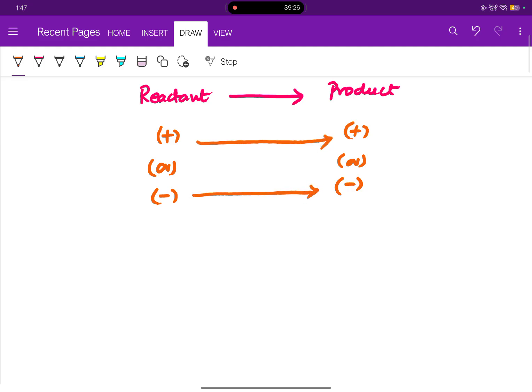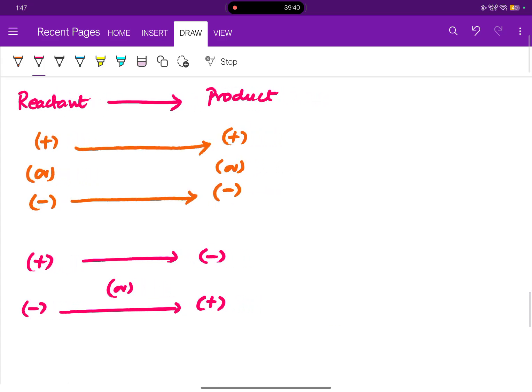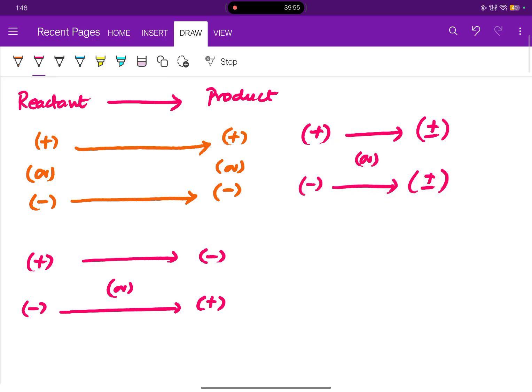This is one option. What is another option? Plus can become minus, or minus can become plus. There are options, right? Another option is also there, no? Plus can become plus or minus, or minus can become plus or minus, 50% plus and 50% minus. It can happen, there are options.